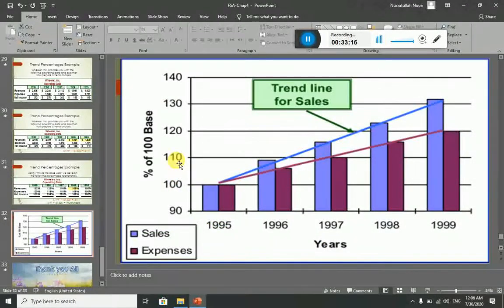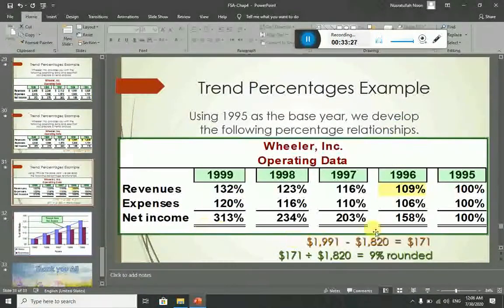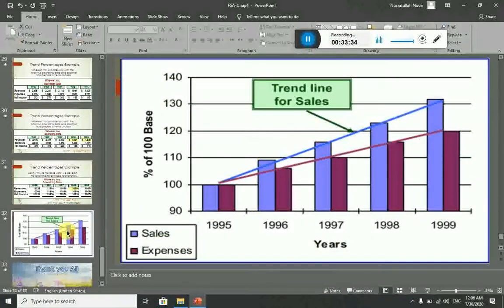Then there's 110, 120, 130, 140. These are the percentages of the base. Now in 1996, if you can see, the revenues are 109, expenses are 106. So this has been shown here graphically. These are the graphs.